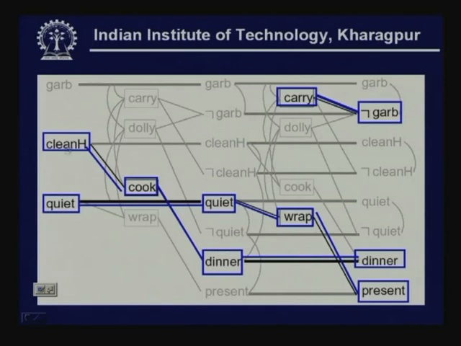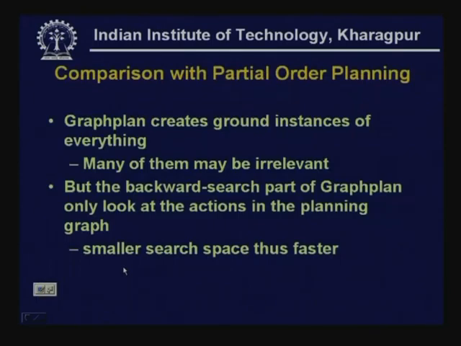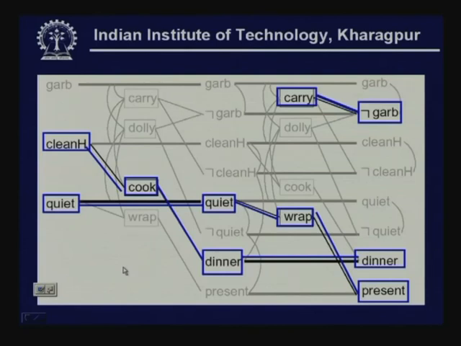So, clean hands and quiet are required in the initial state. Clean hands and quiet are satisfied by the initial state description of the problem, and therefore, we have found a plan. This plan, which is given in blue, is a partial order plan which is a subset of the planning graph.